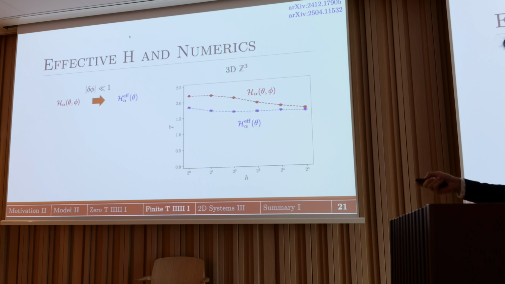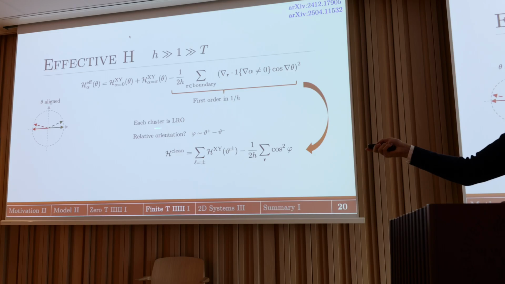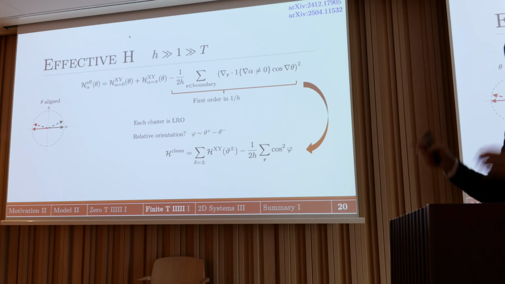Oh, the BKT of each cluster: the average phase is quasi-long range ordered. So the phase difference is Z2, but there's also an average phase that is still U1. Are you saying that in your model you still break U1? Yes, so it's U1 times Z2. Okay. And they probably break together, but I have no proof.